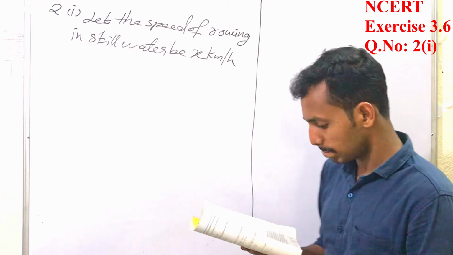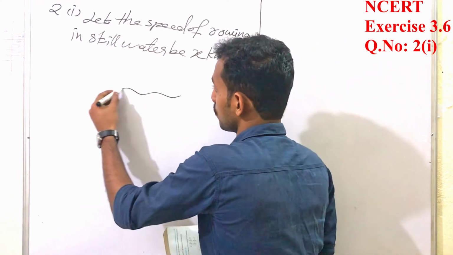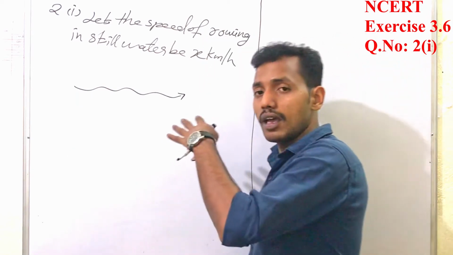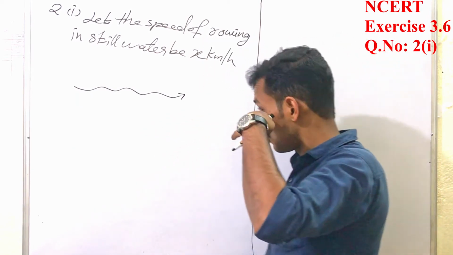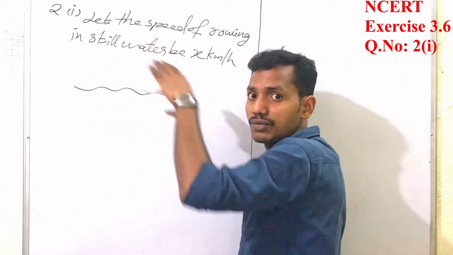Now, the meaning of upstream and downstream is that suppose a boat or a ship, anything is moving through a stream.